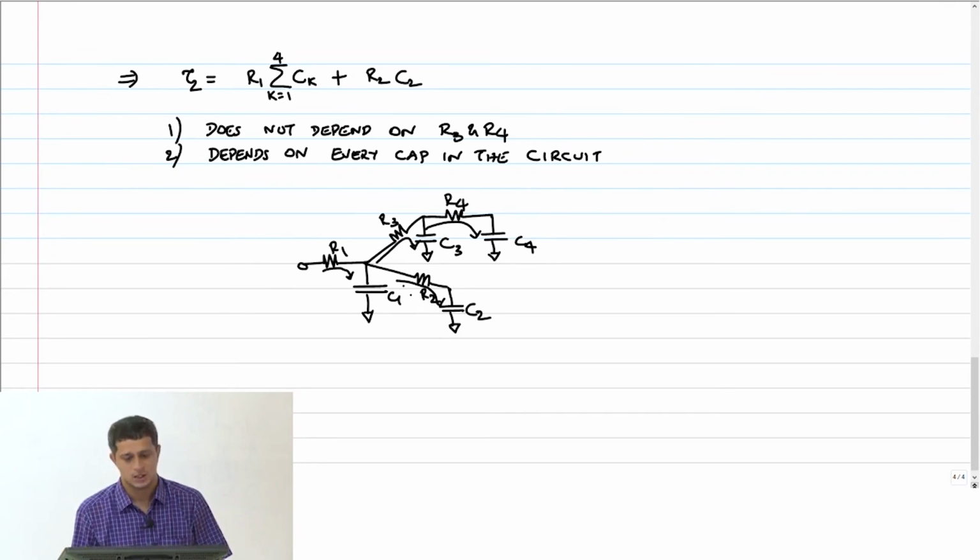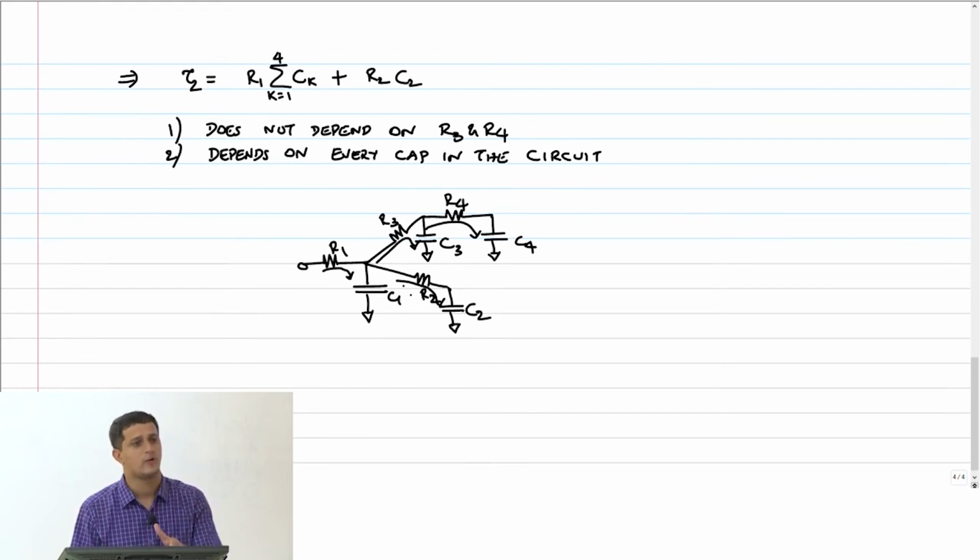Now you can also do a limiting case. Suppose I make R3 and R4 0. What will happen to the capacitors C3 and C4? What's the net capacitance at node 1 then? That is one other check that you can do.